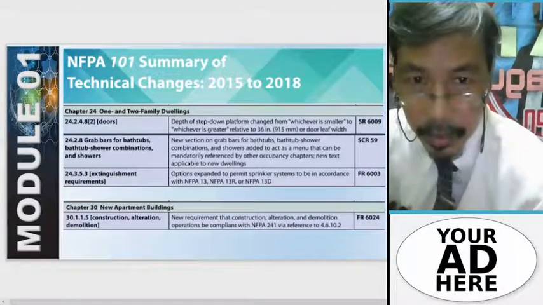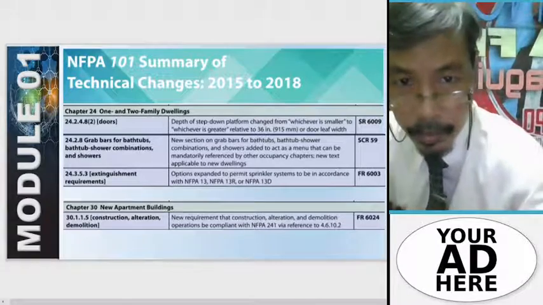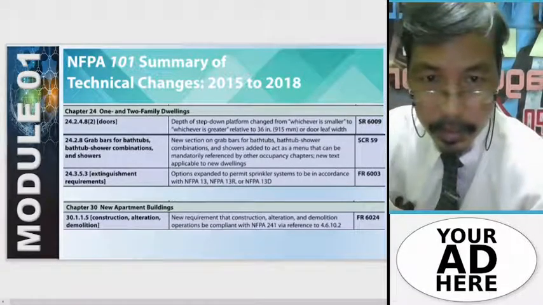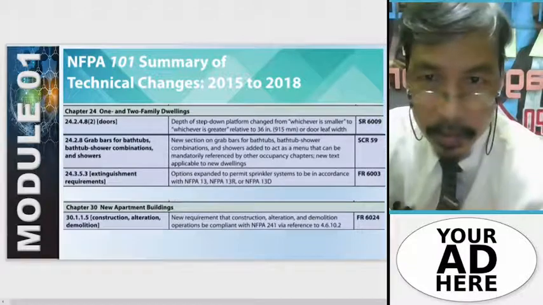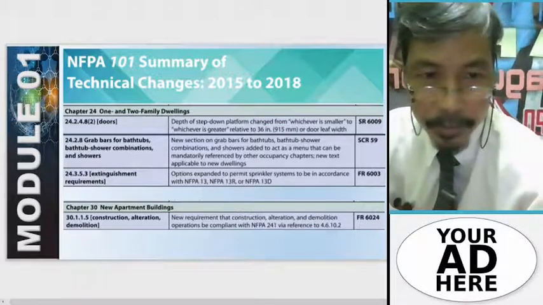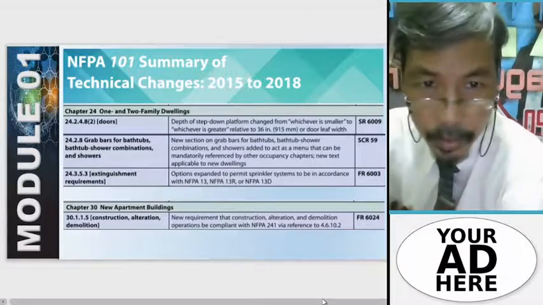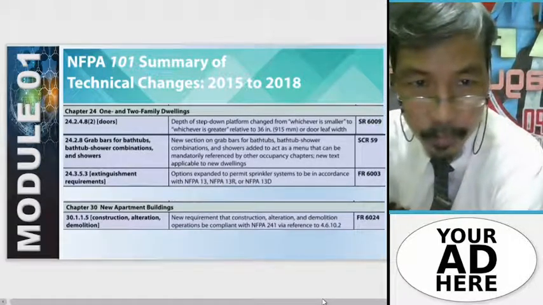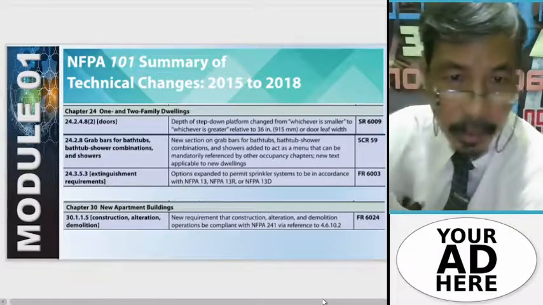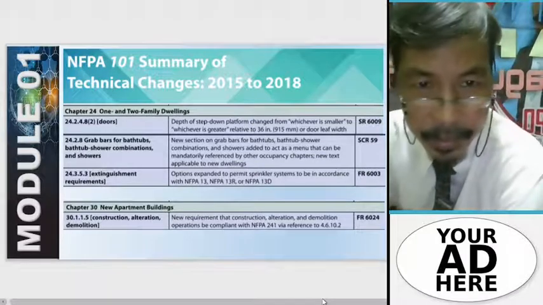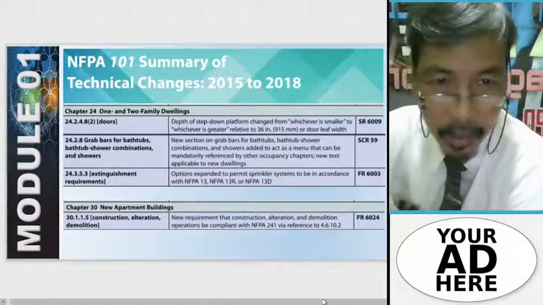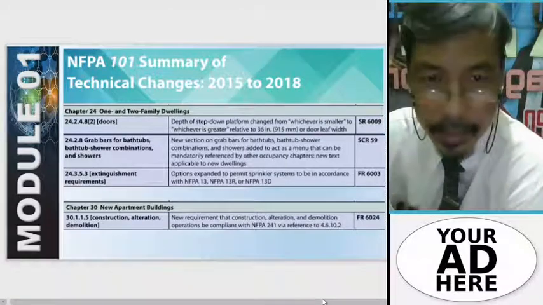Another one is the provision for extinguishment requirements. Options were expanded to permit the sprinkler system to be in accordance with NFPA 13, NFPA 13R, or NFPA 13D.